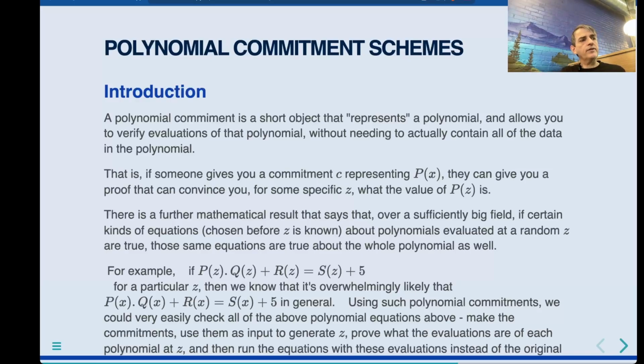The verifier can then get evaluations of these polynomials, and they can choose these evaluations at random points. But because of the commitment, the prover can't then change what they've given the verifier to fit what the verifier has asked for in a way that would disguise the proof if it was incorrect.